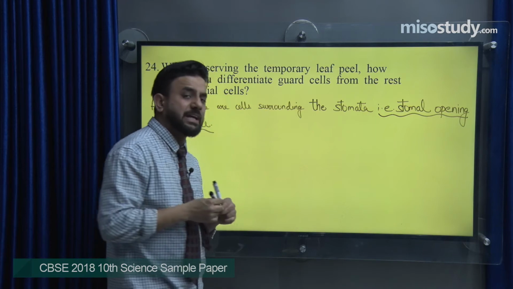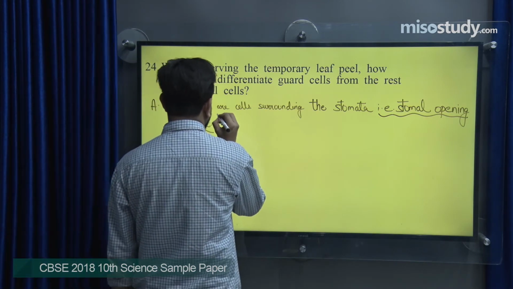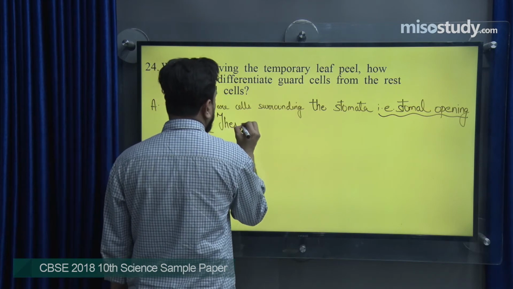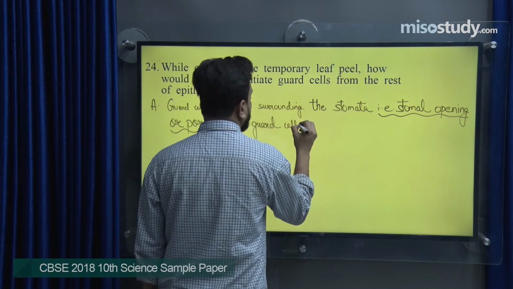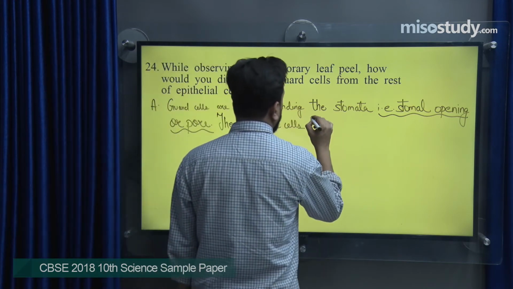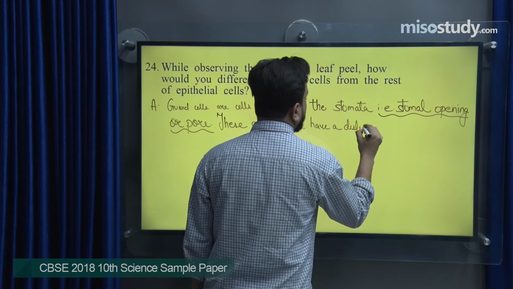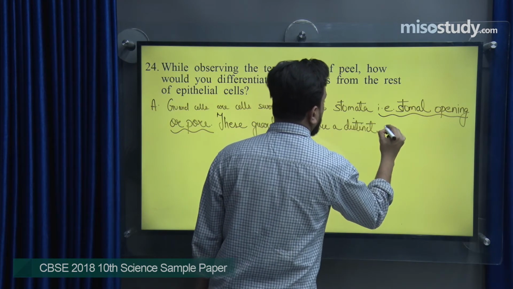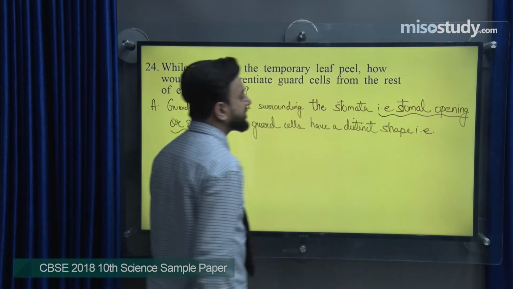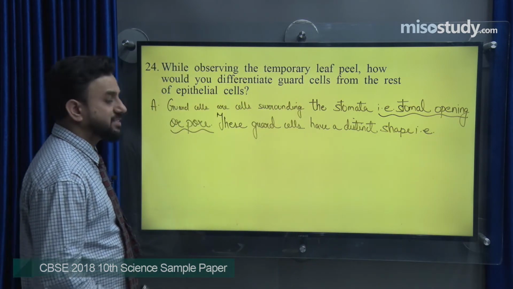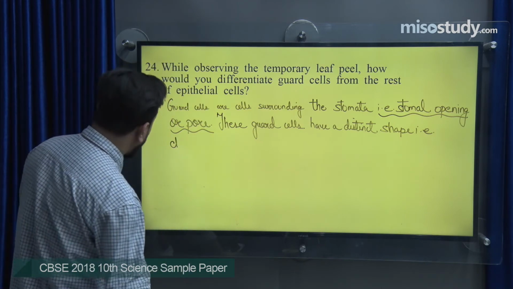Now these guard cells have a distinct shape. That is, they are what?